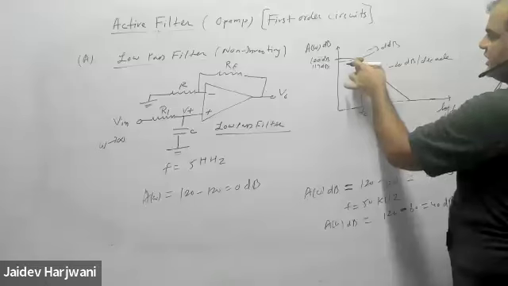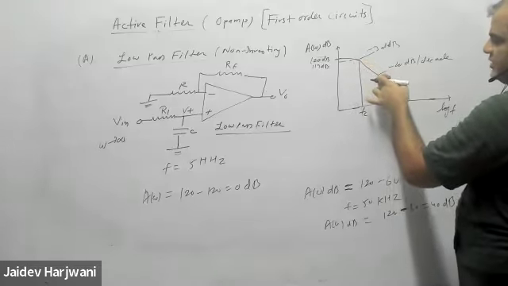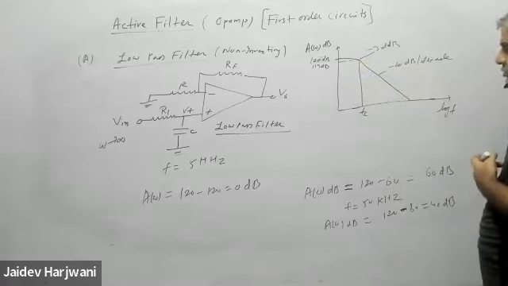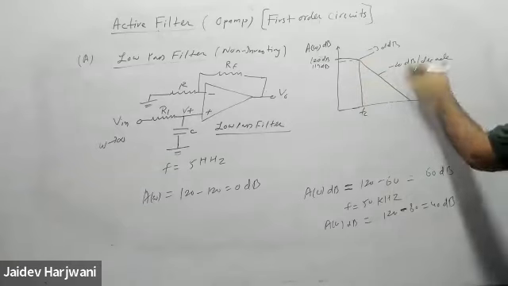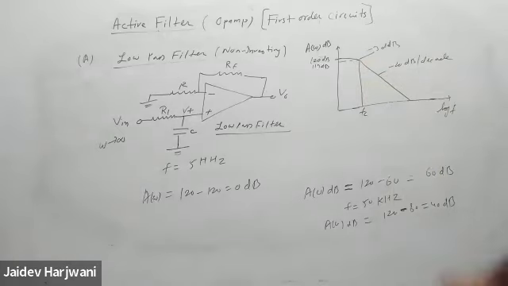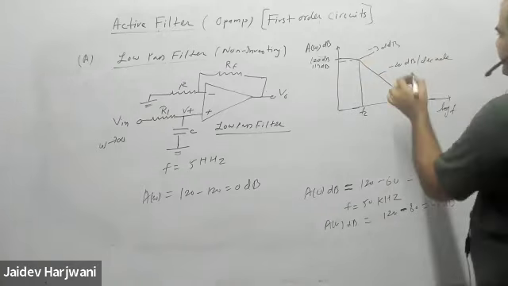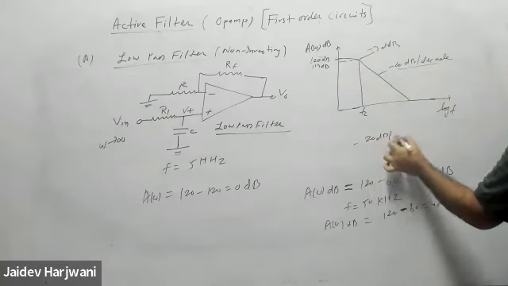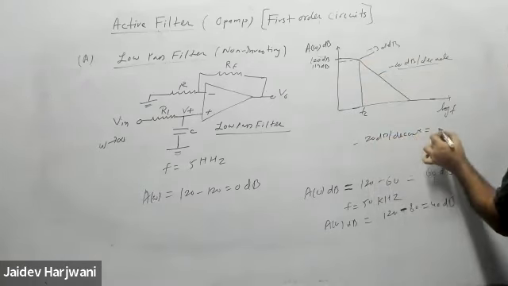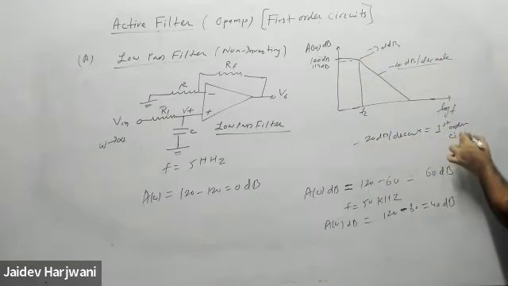Cutoff frequency 10 times, these become 100, 80, 60. At a constant rate it is going down, and the drop is minus 20 dB. So this is called first order circuit. Whenever the drop is minus 20 dB per decade, that is your first order circuit.